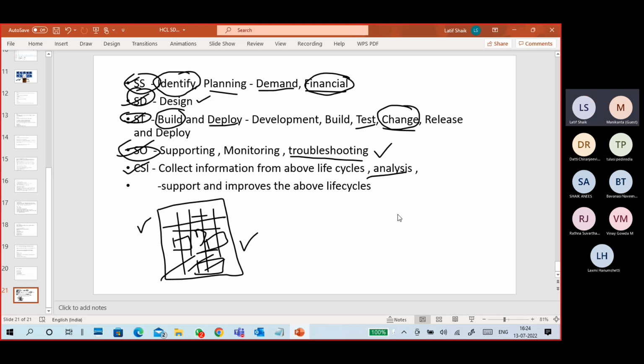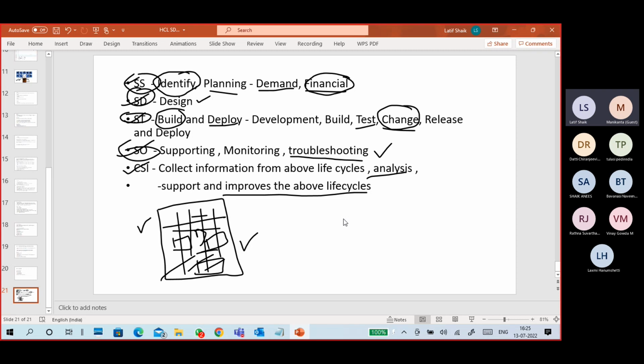Analyze what information you collected, support all the other life cycles and also improve the life cycles. That improves your business, your service quality, and your customer satisfaction.